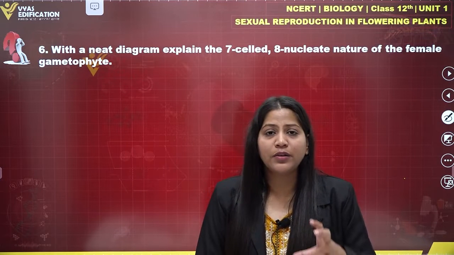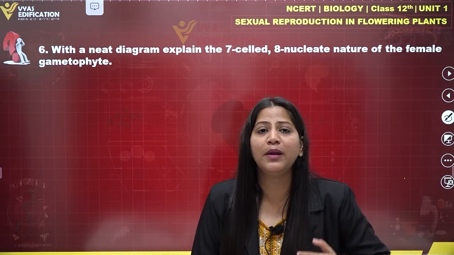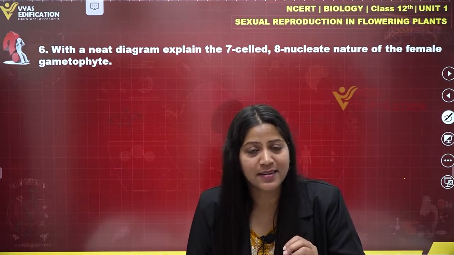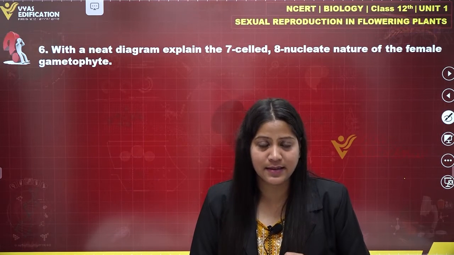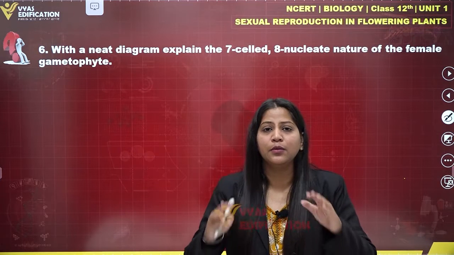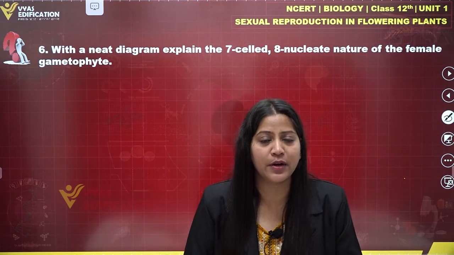So if we talk about the embryo sac, the cells present at the micropylar end are known as the egg cell and synergid cells. Basically at the micropylar end, three cells constitute together to form an egg apparatus.